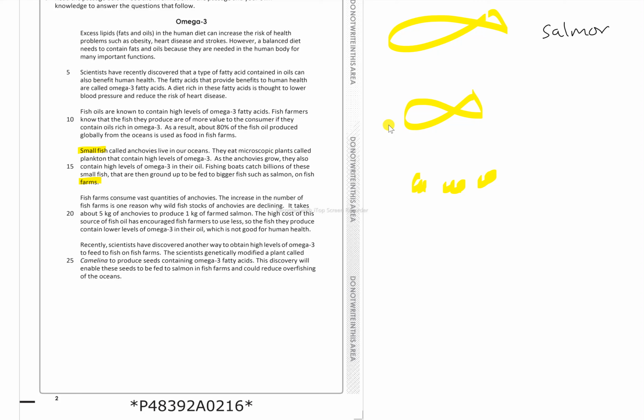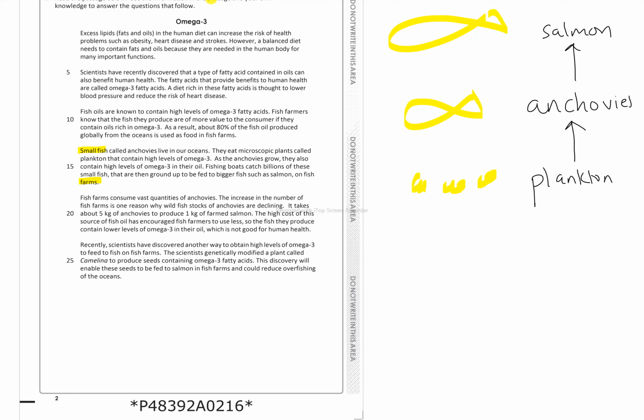This is salmon. This is anchovy. This is plankton. Do you know, I thought anchovy was a plant, to be honest with you, but it is a smaller fish.